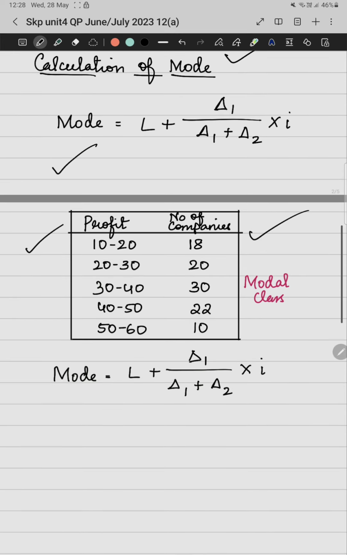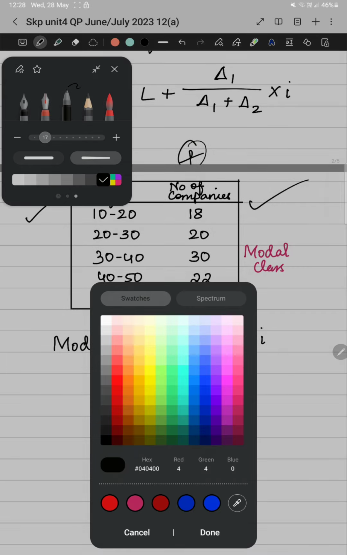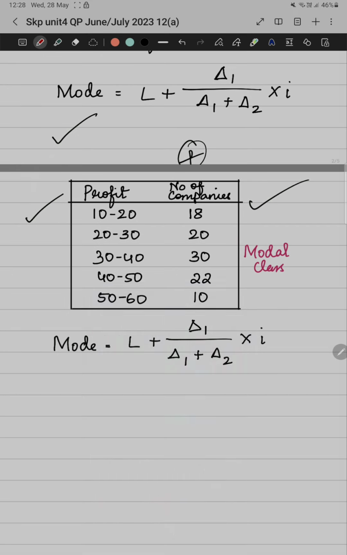How do I identify the modal class? What is the meaning of mode? Mode means the most repeated frequency. Frequency is the number of companies. Which is the most repeated frequency? 30 is the highest, so that becomes the modal class.